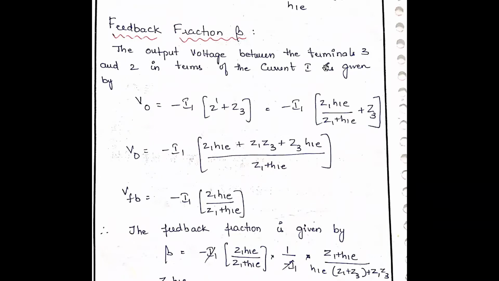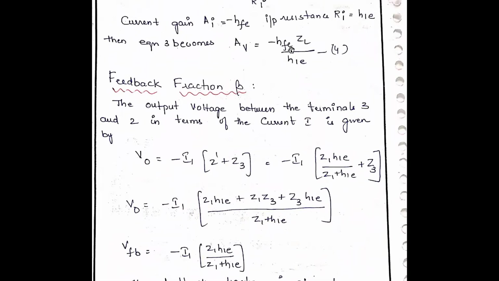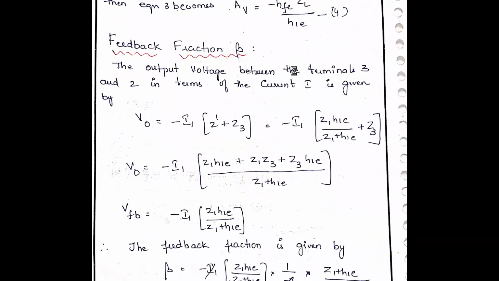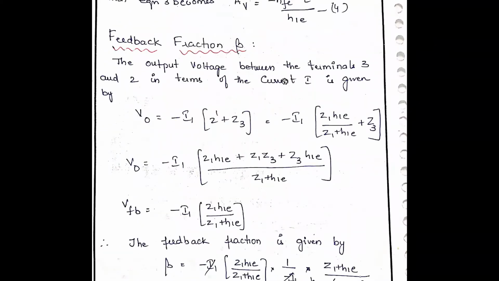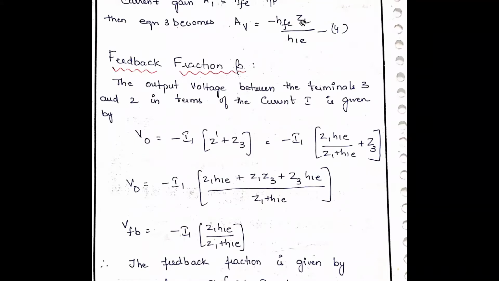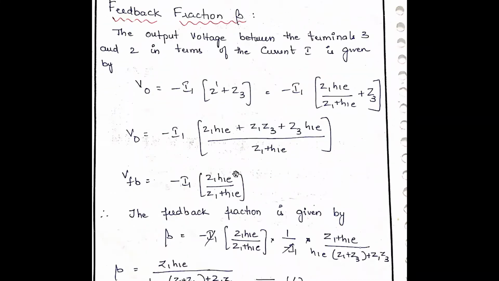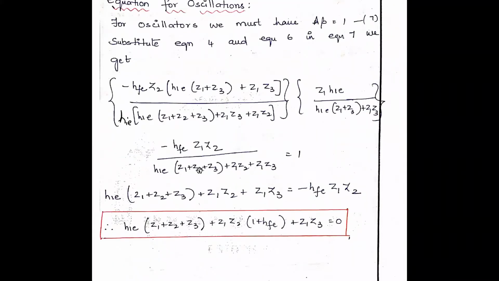So what is A? A is minus HFE ZL by HIE. Okay. So minus HFE by HIE into ZL, where this entire term is ZL.